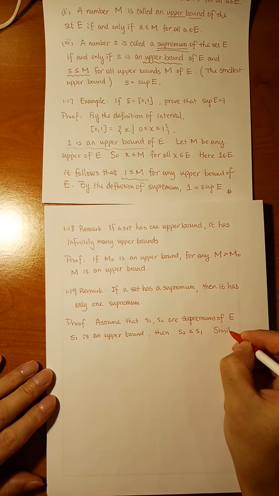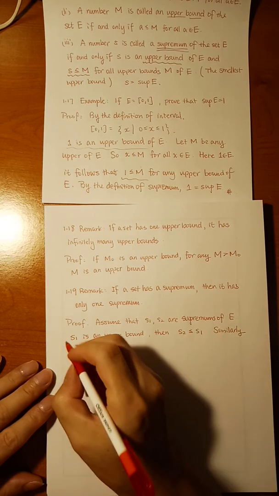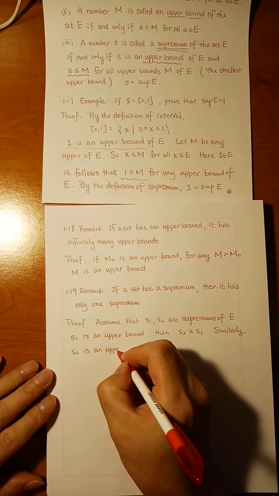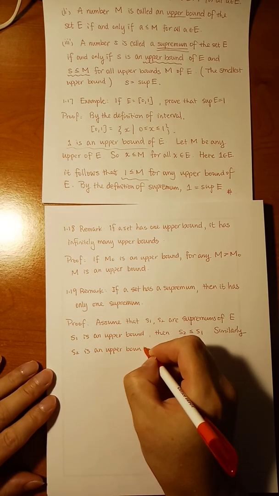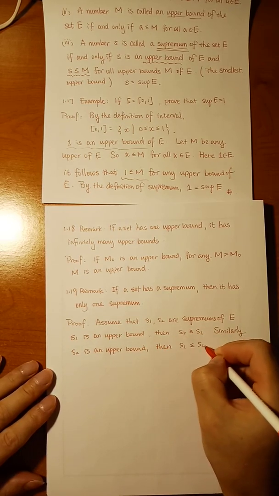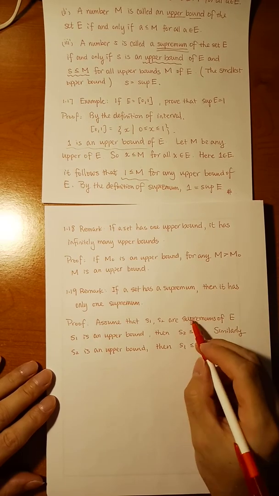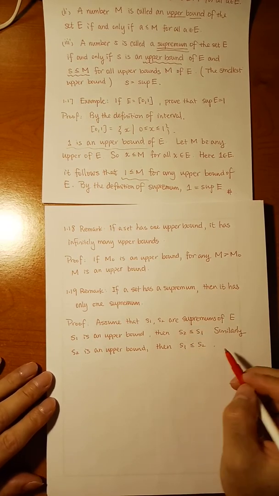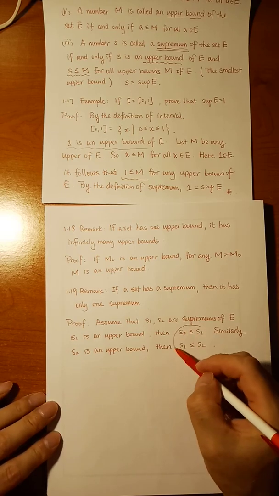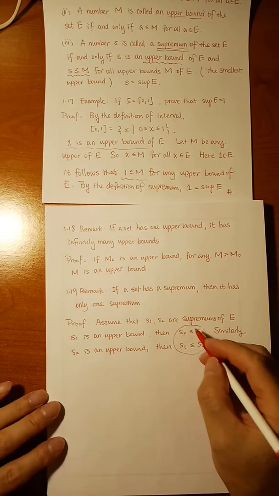Similarly, S2 is an upper bound. S2 is a supremum, of course it is an upper bound. Then S1 is less than or equal to S2 because S1 is also a supremum. It is less than or equal to arbitrary upper bound. So this is like tautological stuff.